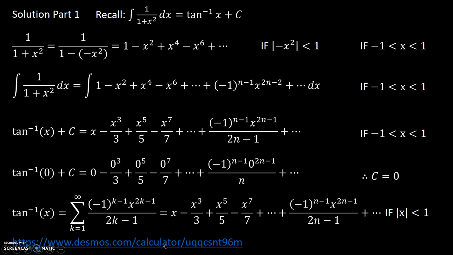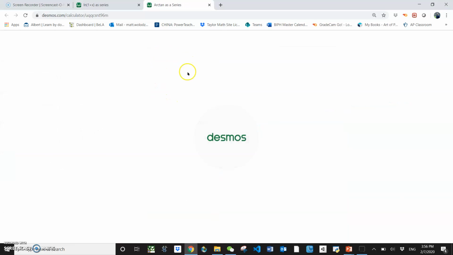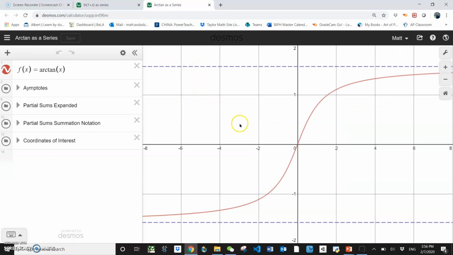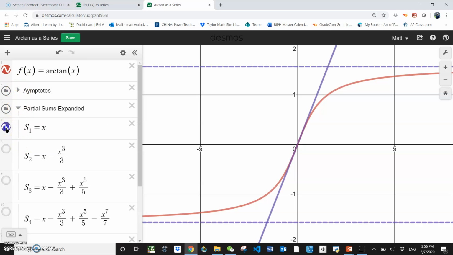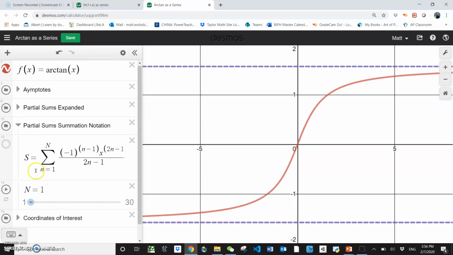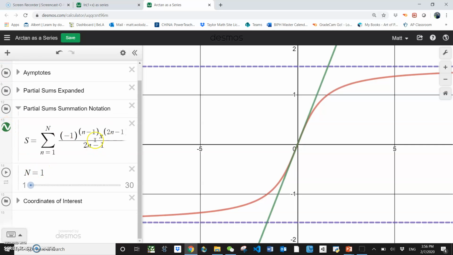So we have a Desmos animation file to show that that is true. So here's my arctangent function. Notice I've arranged them in folders for organization. If we look here at our partial sums, they seem to be getting closer and closer approximations. I turn on my summation notation for optimization.